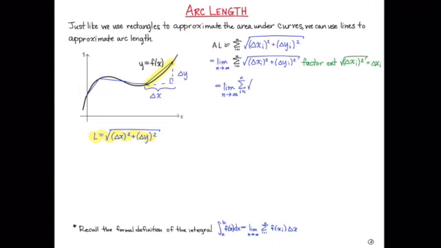So that first term becomes 1 plus, and our second term, we have delta y sub i over delta x sub i quantity squared. And then the delta x sub i that we factored out earlier stays outside of the square root.